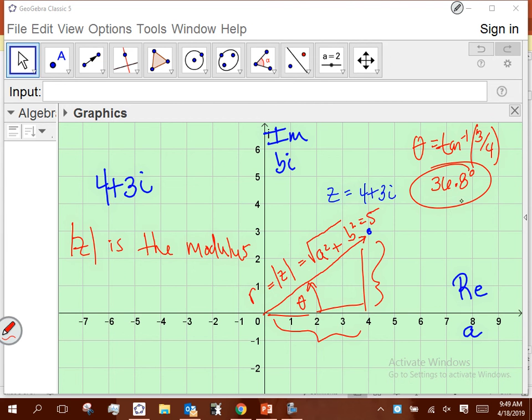So the fact that theta is equal to 36.8 and r would be 5, that would be a set of directions that allow us also to plot that blue point, 4 plus 3i, but doing it in polar form. Does that make sense, everybody? Now there's a way that we're going to use notation here in a moment to address that and to do that accurately.